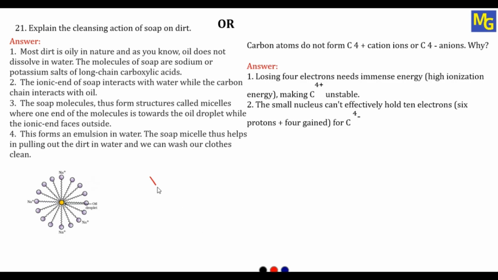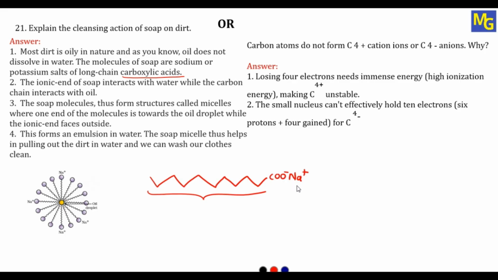So see here, I will write the formula of the soap. Generally a soap molecule is shown like this. I told you it is a long chain of sodium or potassium salts of carboxylic acid. So this is the long chain which has carbon-carbon bonds, and at one end there will be a carboxylic group like this. If it is sodium, then we have to write Na plus.